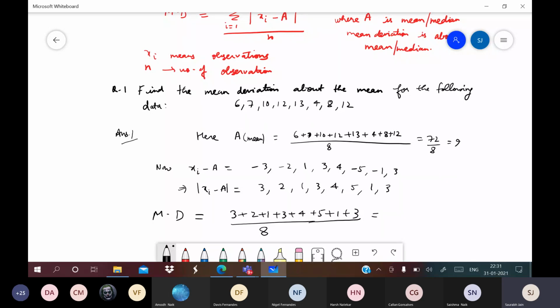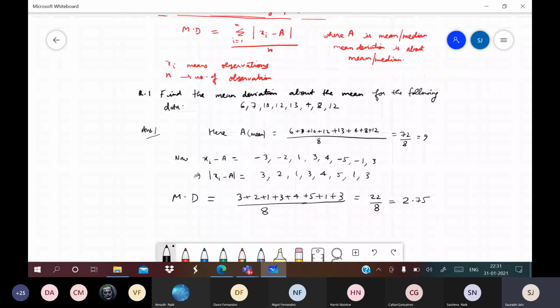So 22 by 8, that is 2.75. 2.75 will be the mean deviation about mean. This is the first kind of question that they can ask in the exam.